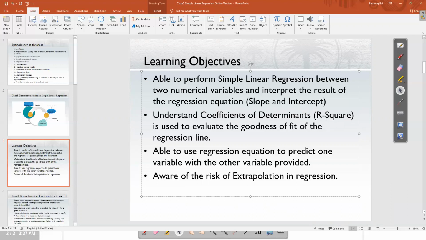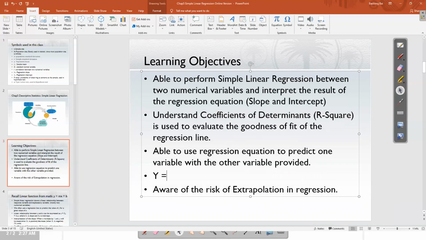That evaluates the goodness of fit of the regression line, okay? And then if you have a regression equation already found, for example, y equals 3 plus 5 times x, right?